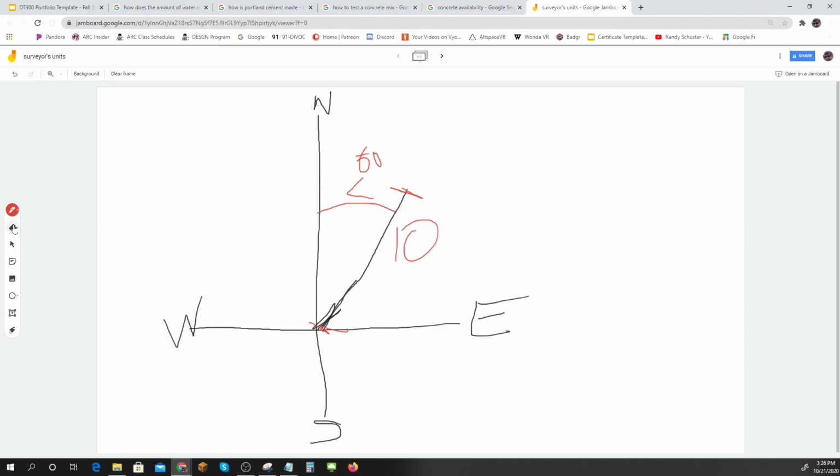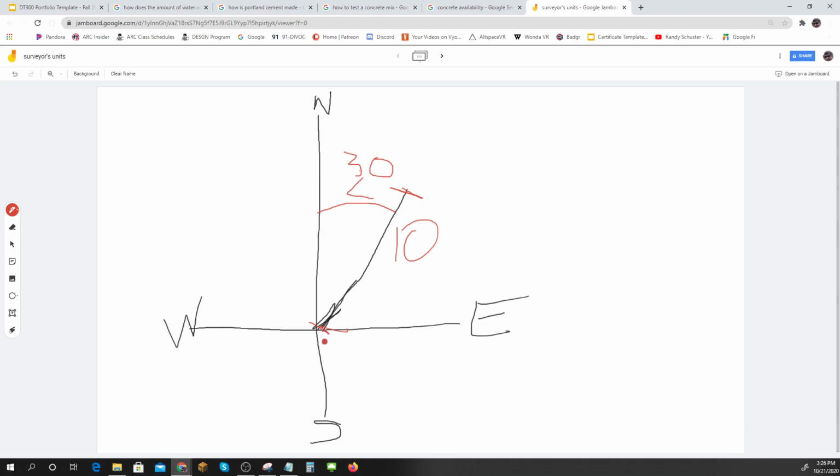I better erase that. I didn't do a very good job. It's about 30 degrees. Okay, so I could describe this line as being 10 long and 30 degrees to the east side of north.